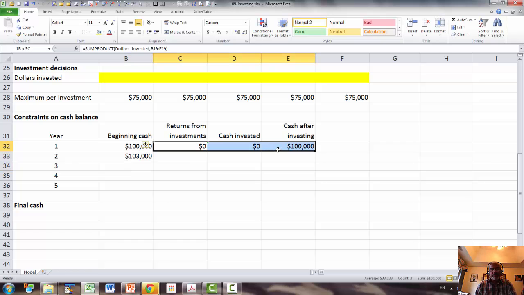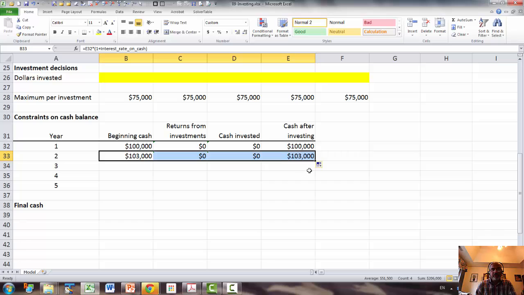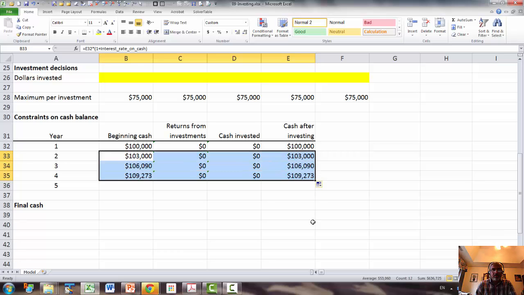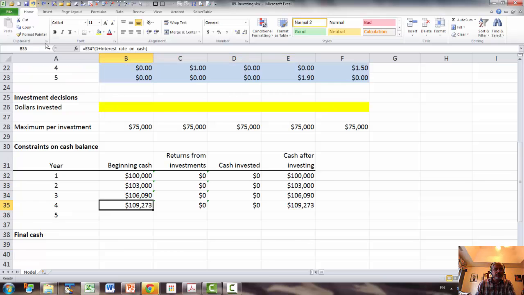Now we can copy these. Remember, the dollars invested is already absolute referenced. The rest of them are relative anyway. So now we can copy these. Okay. You go up to year 4, and then for year 5 you go only these two. Okay.